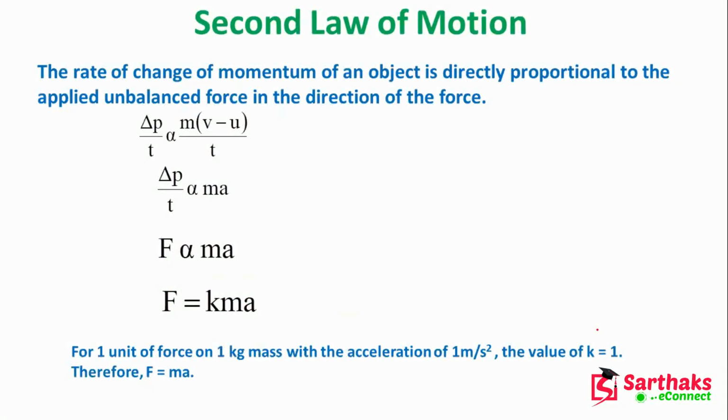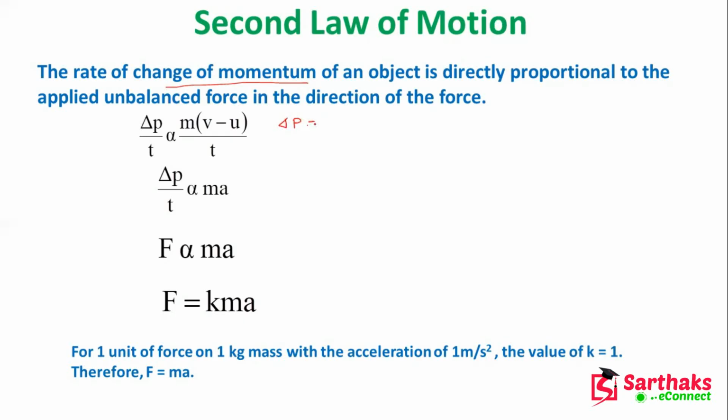Next, the second law of motion. Here, the rate of change of momentum of an object is directly proportional to the applied unbalanced force, in the direction of the force.